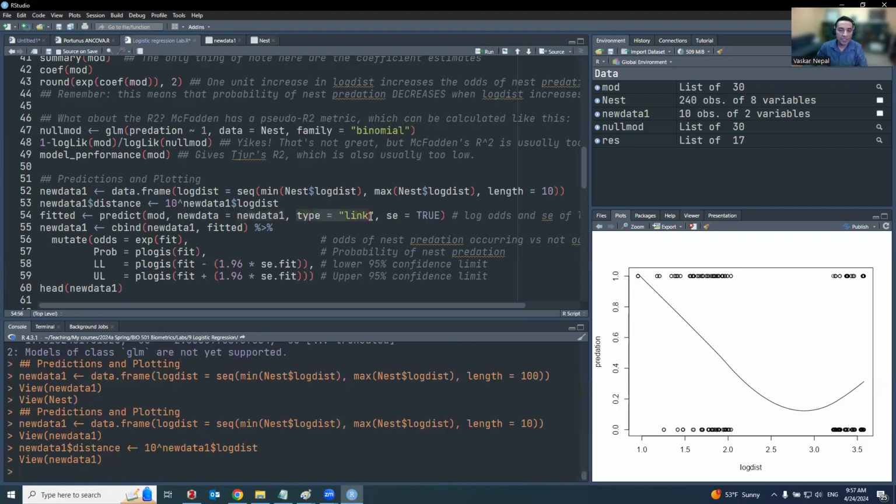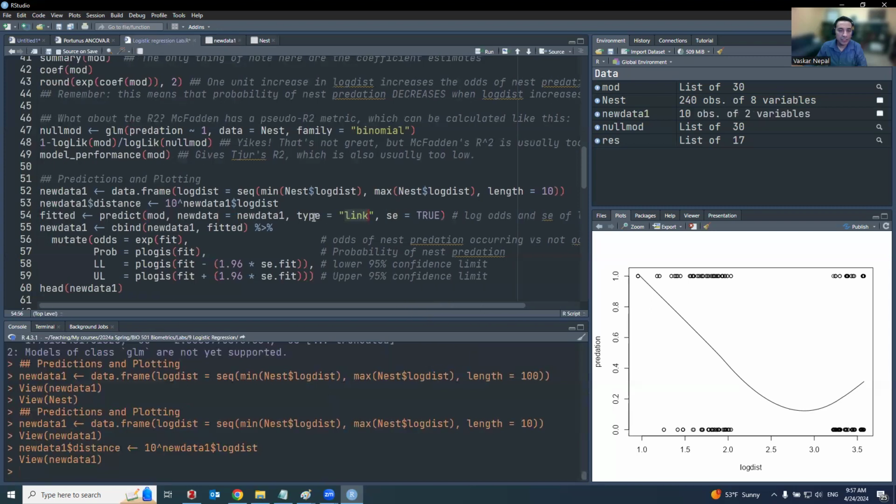And then we say make predictions at the link scale. Remember, the link for binomial distribution, the logistic regression, is the logit link. So we are making predictions at the logit link, and then we say also give me the standard errors. Okay, give me the standard error also at the logit link.